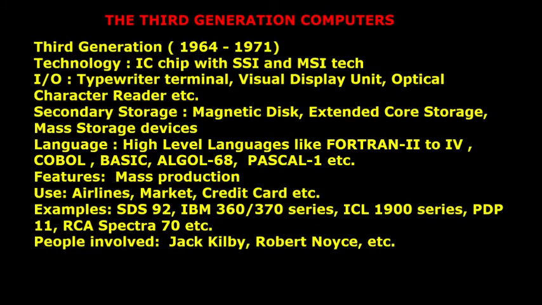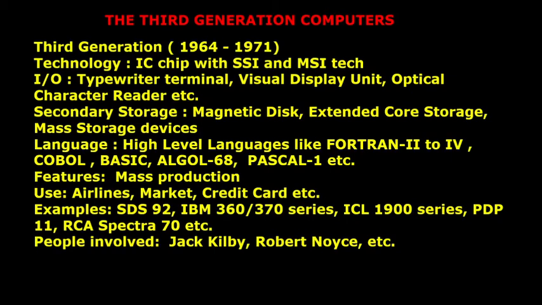The technology of transistors of the second generation was replaced by IC chips with small scale integration and medium scale integration technology. IC, the full form of IC, is integrated circuit. The typewriter terminal, the visual display unit, and the optical character reader were the input and output devices for these computers.